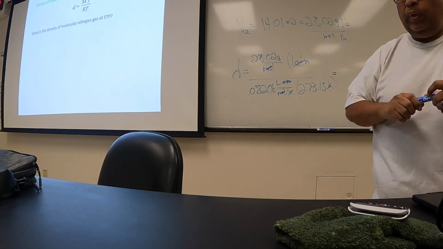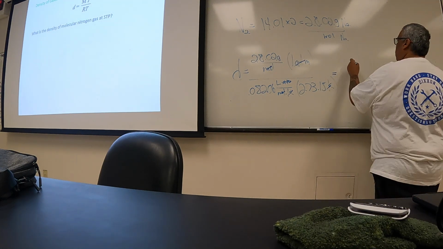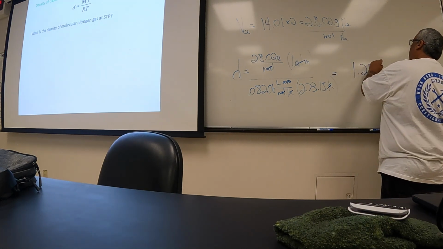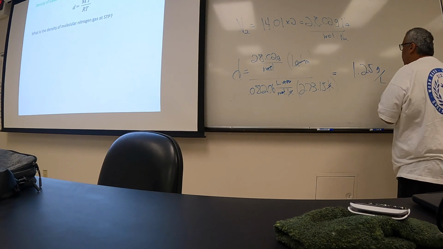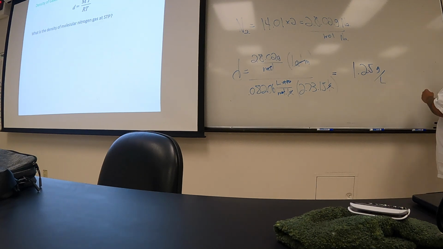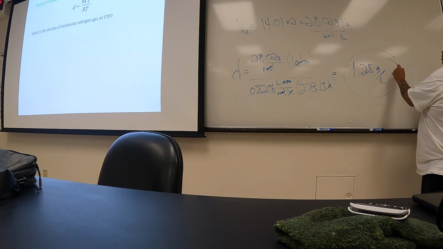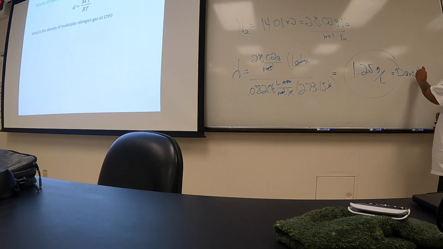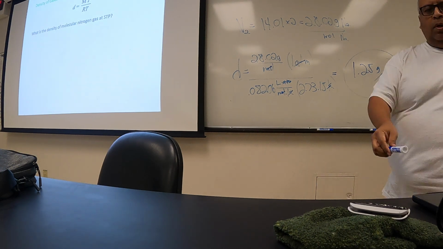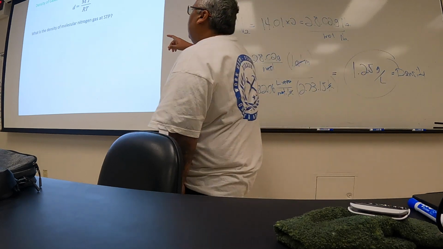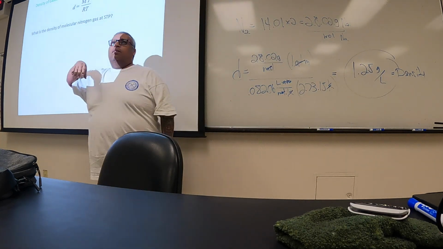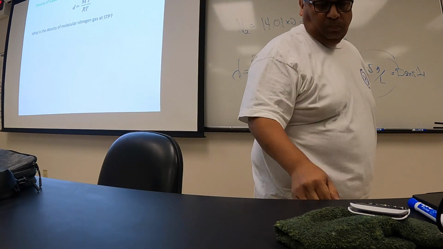We get 1.25 grams per liter, and we could convert this into milliliters. I think we'll just stop here though, but this is going to be our density. So the formula does come in really handy when we're trying to calculate densities of gases.